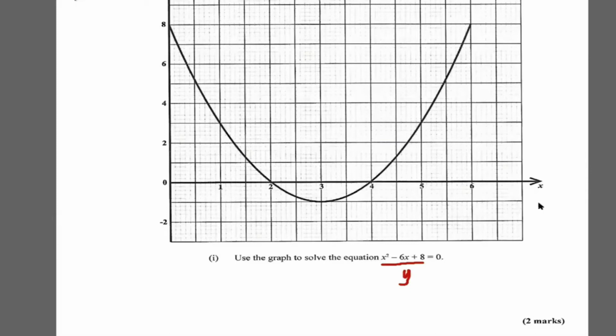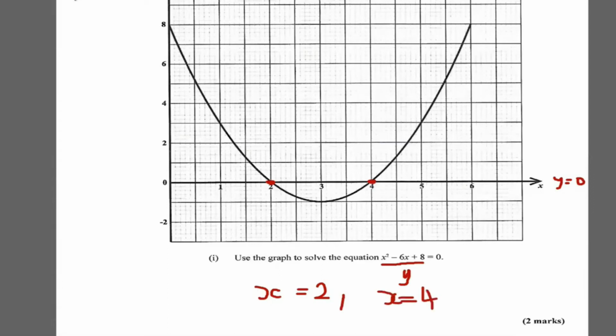So when is y equals 0? This is the line y equals 0. Using the graph, y is equal to 0 when x is 2 and when x is 4. So the solution is x equals 2 or x equals 4.